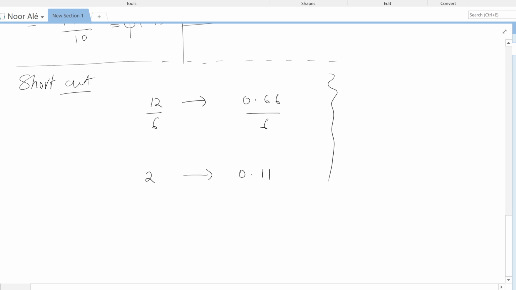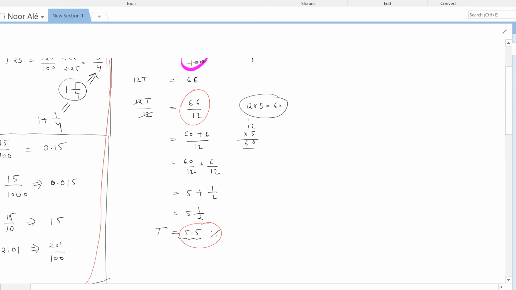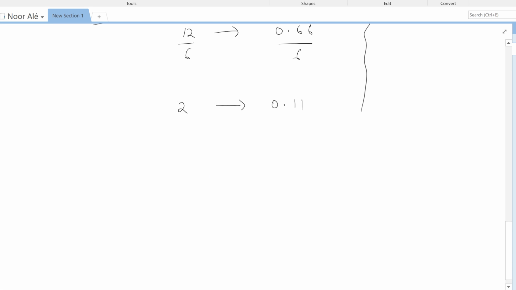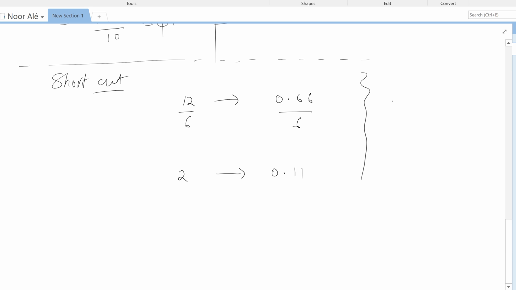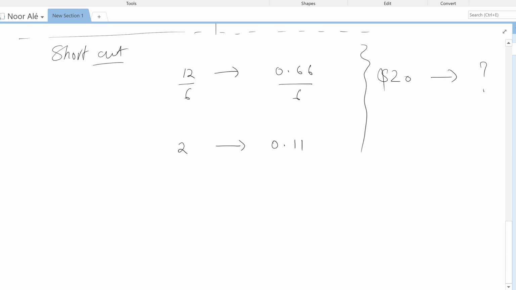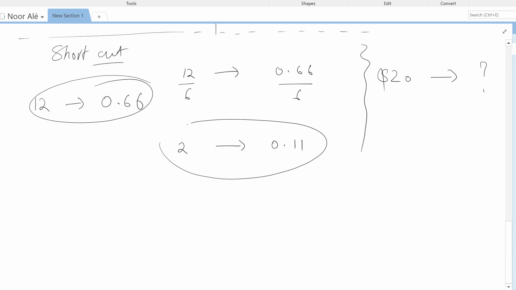And they're asking you how much you're going to pay for a $20 purchase. So the question is about $20. Now we know that for $12 you're paying 66 cents, and the next thing that we developed is on $2 you're going to pay that much money, right?